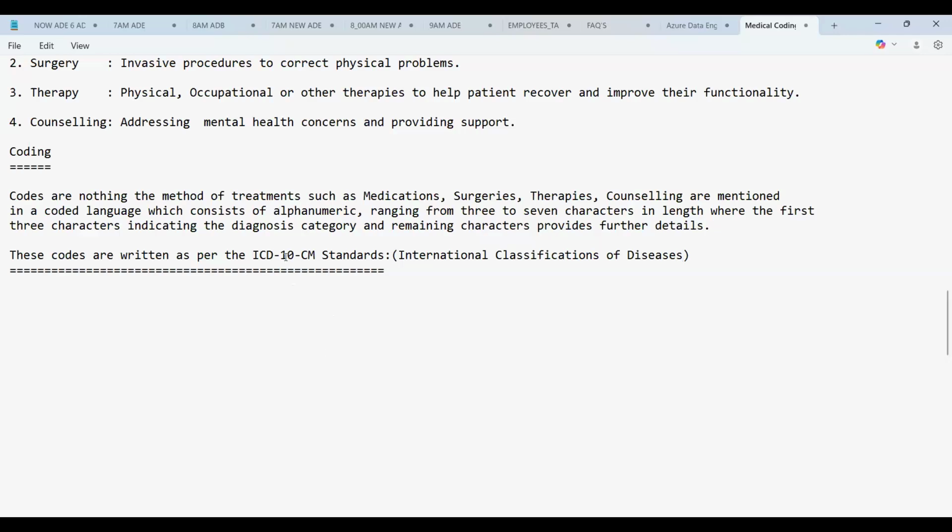And what is this 10, guys? 10 represents the 10th revision. So it is the 10th revision.